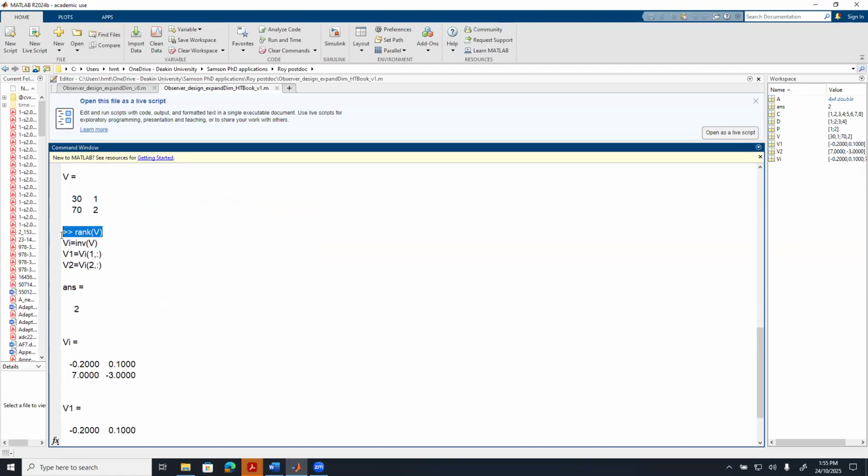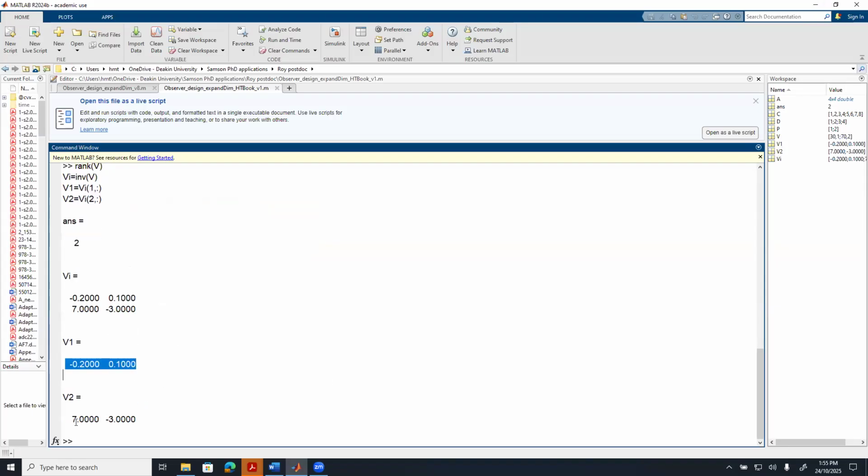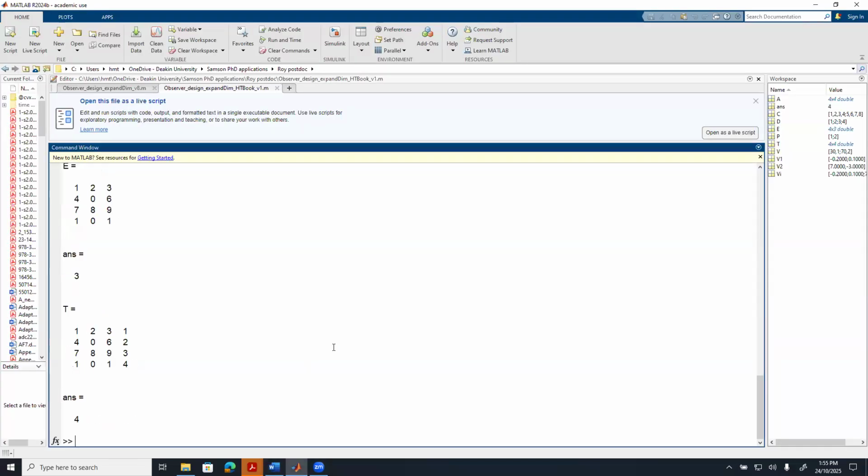That means that it is full rank and invertible, and we obtain this inverse of matrix V. And then we obtain V1 and V2. Then, according to Hou and Muller, we can select an arbitrary matrix E as long as it's full rank and matrix T is invertible. So that's where the coding for that is. And we can then check to see if it is invertible, and the answer is yes.